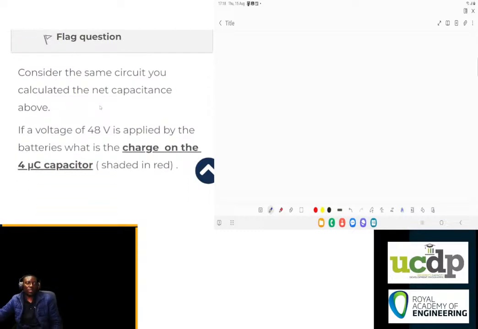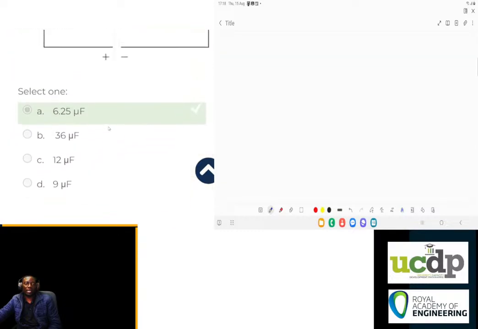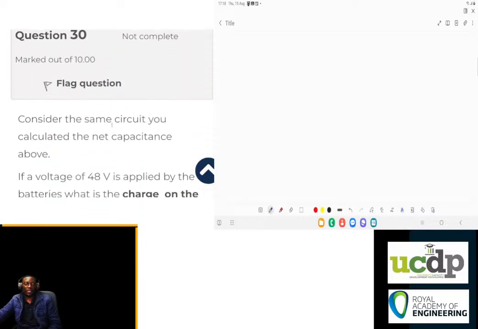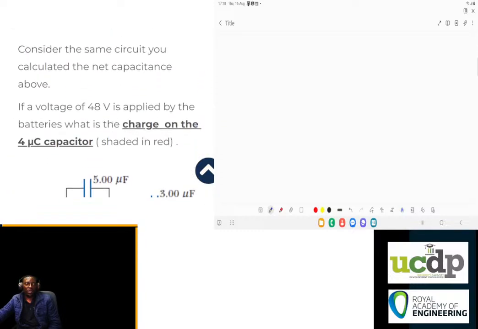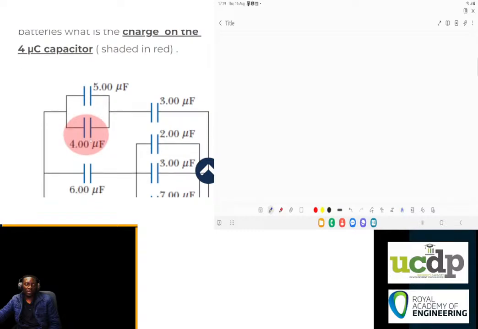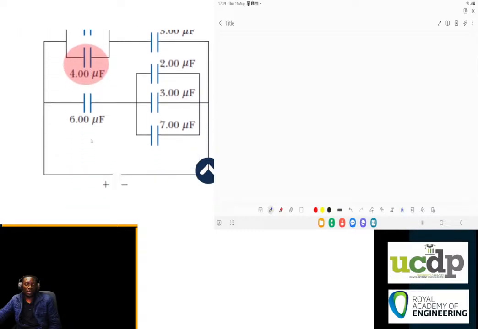Consider the same circuit you calculated the net capacitance above. So for this same circuit, we are adding some more information. If a voltage of 48 volts is applied by the batteries, what is the charge on the 4 microfarad capacitor? The one shaded in red.